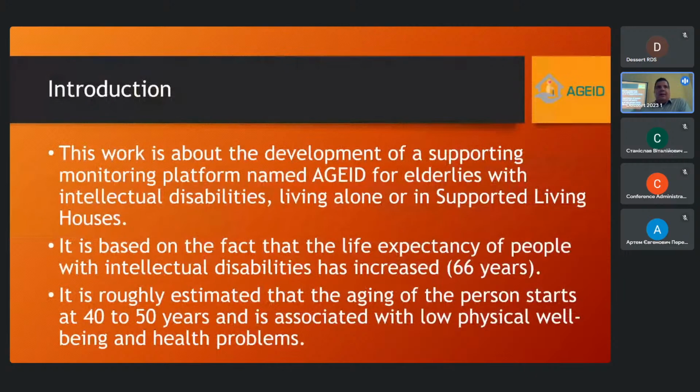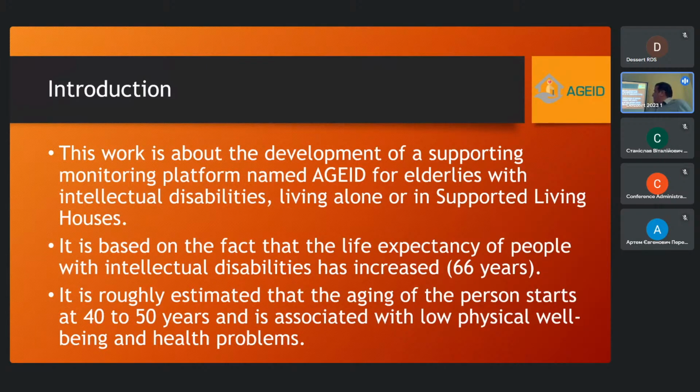This work is about the development of a monitoring platform, because these organizations host people with intellectual disabilities. They employ them in daily centers, but they also have supported living residencies where these people stay overnight, actually for their entire life.